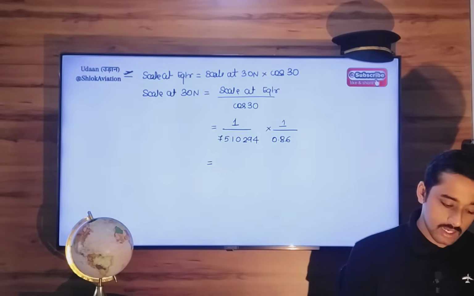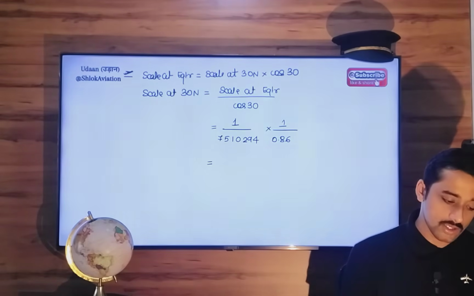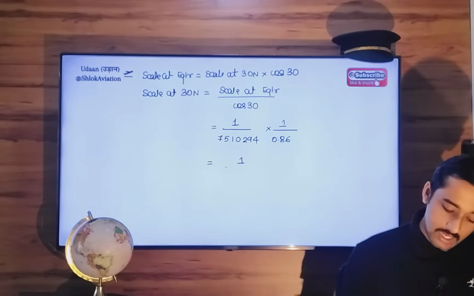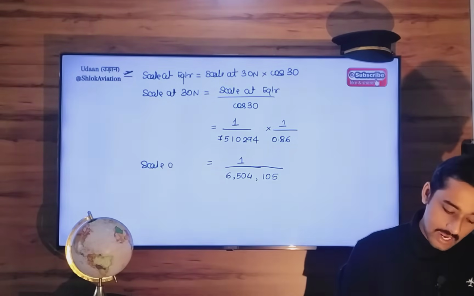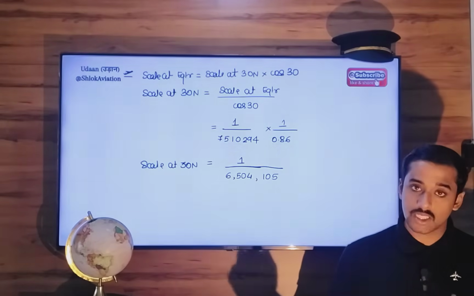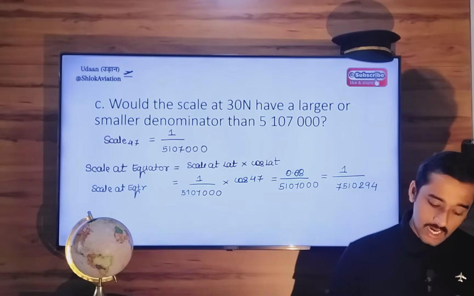So this value multiplied by 7510294 equals to 1 divided by 6504105. The scale at 30 degree north latitude is 1 divided by 6504105.